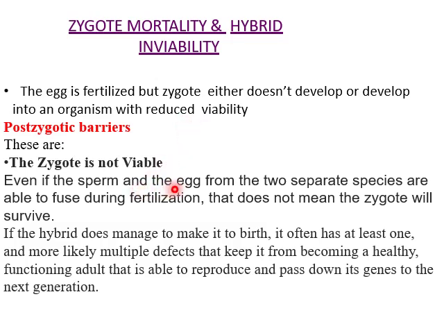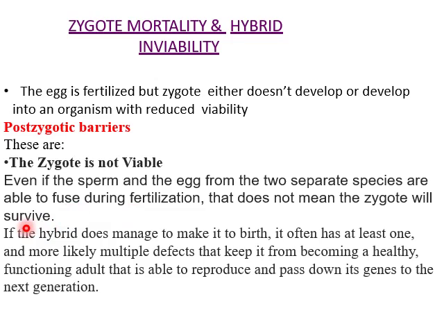When the sperm and egg from two different species are able to fuse during fertilization, it does not mean that the zygote will survive. There are two cases. Number one, the zygote may die after fertilization.